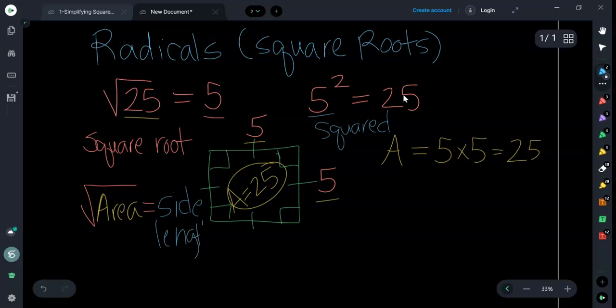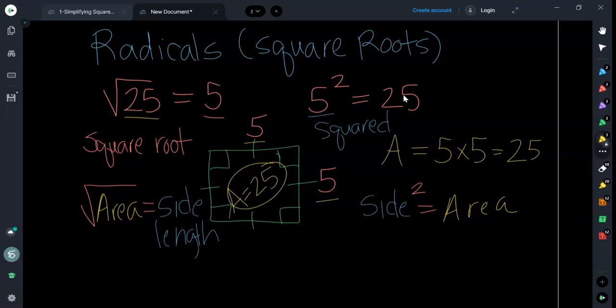So when we take the square root of something, we want to know from the area what the side length was. By the same token, over here, when we take the side and square it, what we're looking for is the actual area of the square. So you can see how that works with the terminology and what it means to be squared and square root.